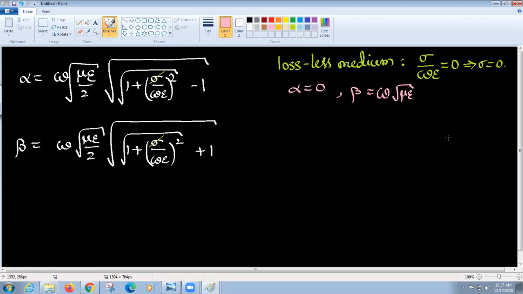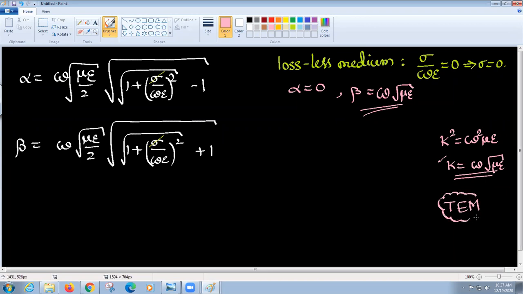What is wave number, we proved? We took k square is equal to what here? Omega square mu epsilon, right? Now k is equal to omega square root of mu epsilon. Add this to same. They are same, right? So phase constant and wave number are same in lossless medium, and that too, if you have TEM propagation, in lossless medium it will always follow this.